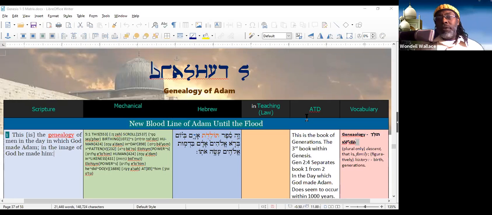One of the greatest controversies in this segment of scripture is that Cain doesn't appear in Adam's genealogy anywhere, nor does he appear in Cain's genealogy anywhere.